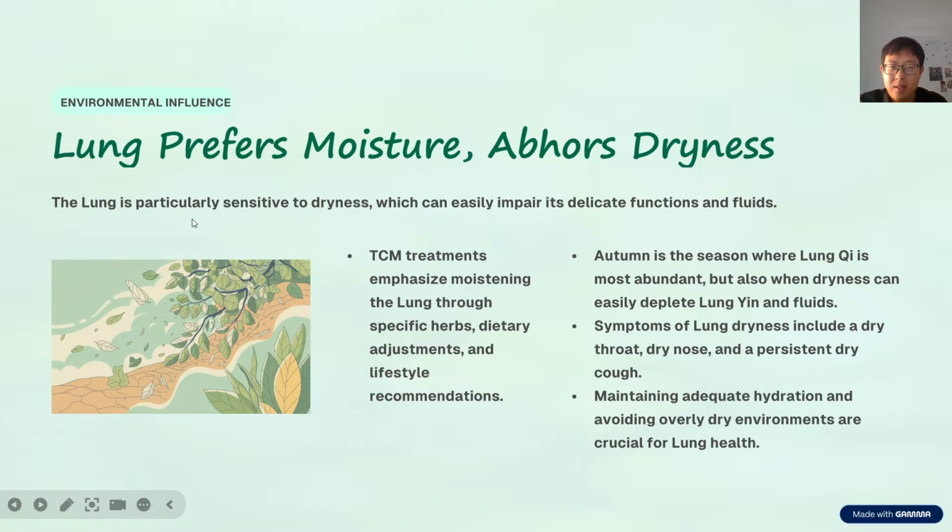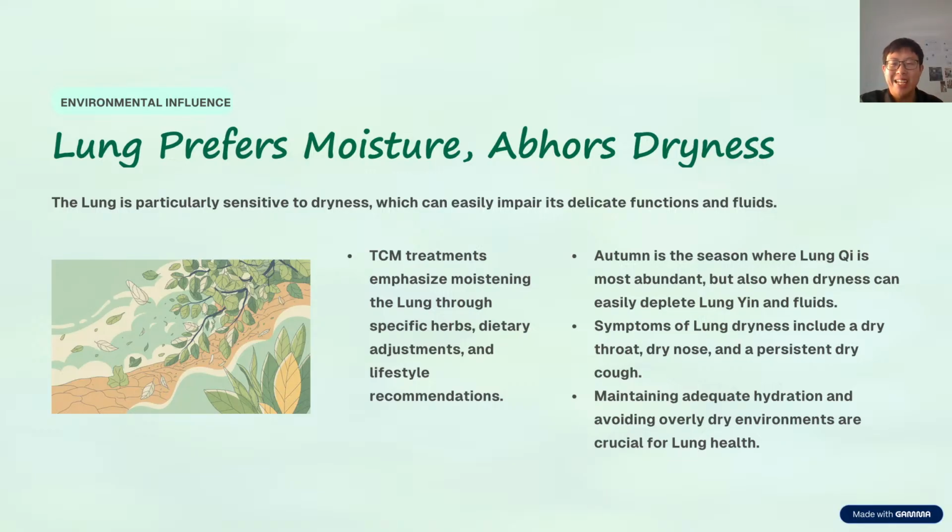Okay, so this is the final PPT about this course. The lung prefers moisture and dislikes dryness. What does that mean? The lung corresponds to autumn, a season dominated by dryness. Dryness easily damages the lung.